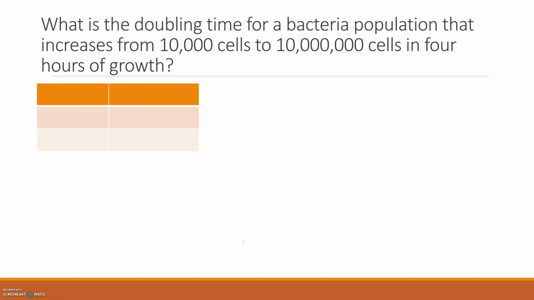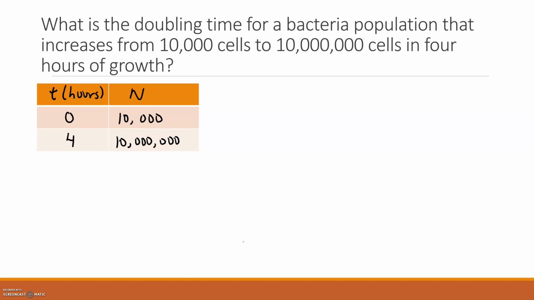We have two pieces of information. We know about our variable of time, which is given in hours, and then the number of bacteria. Initially, at time 0, so at 0 hours, we have 10,000 cells present, and then after 4 hours, we have 10 million cells present.